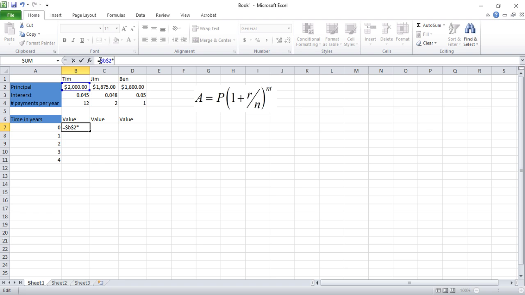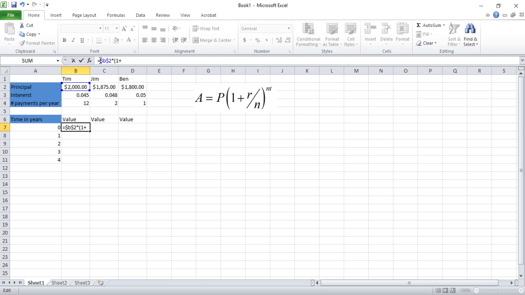Then I'm going to multiply that by, and open the bracket, 1 plus, and now I want to put in my interest rate and my number of payments. My interest rate is 0.045, which is in cell B3, so I'm going to type $B, $3, divided by my number of payments, which is $B, $4.